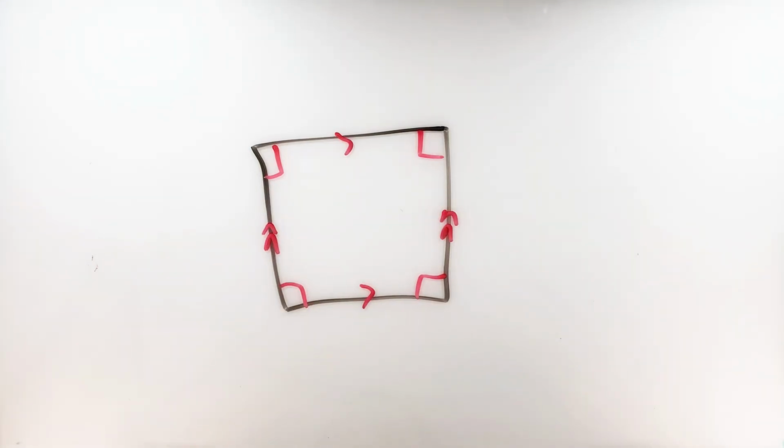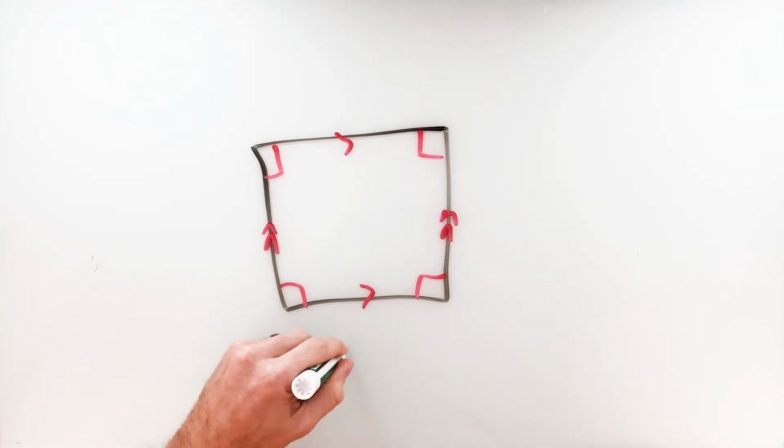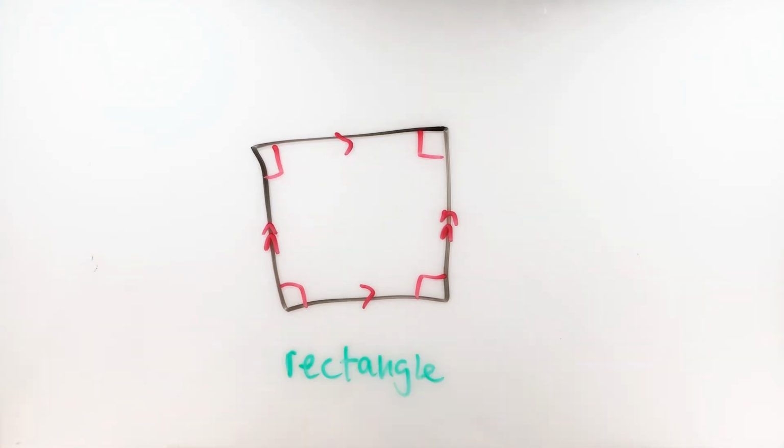And then the other thing I have is 4 right angles. So based on my definitions, a parallelogram with 4 right angles is a rectangle. Now, could it be a square? Maybe. But I don't have markings to indicate that. I don't have 4 congruent sides, or at least I don't know that I have 4 congruent sides. So the most specific I can get here is rectangle.